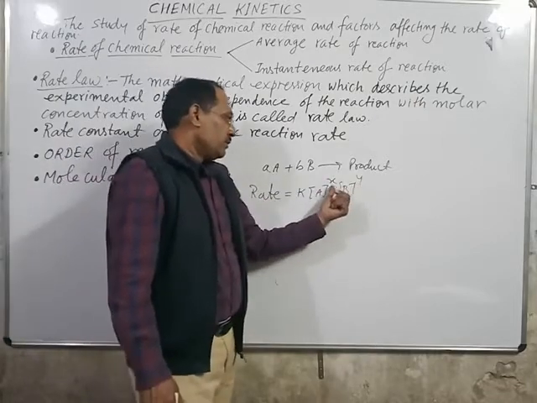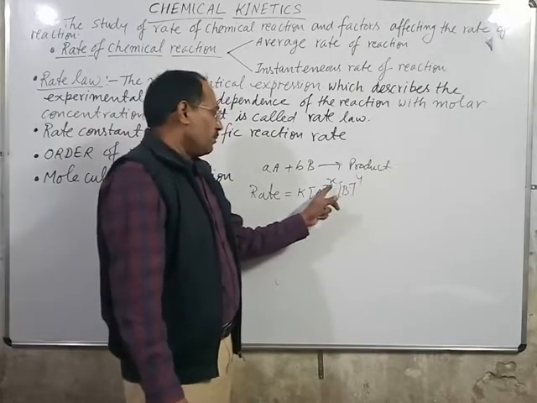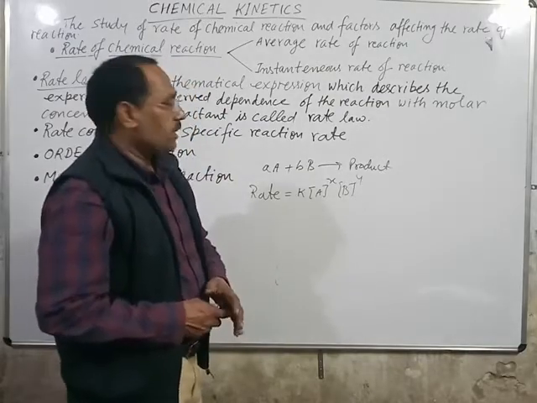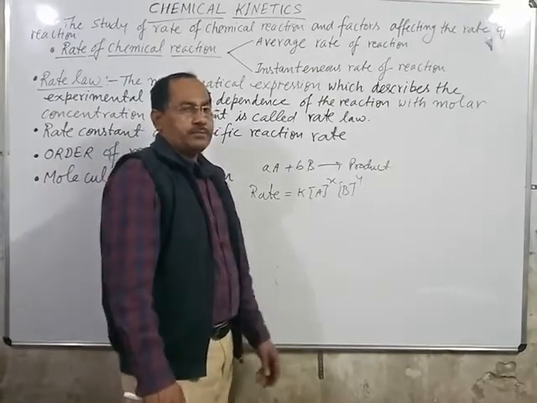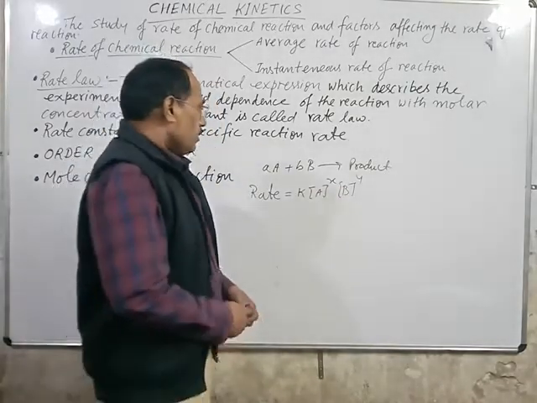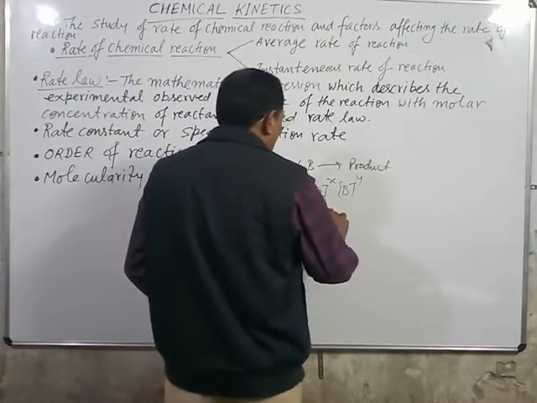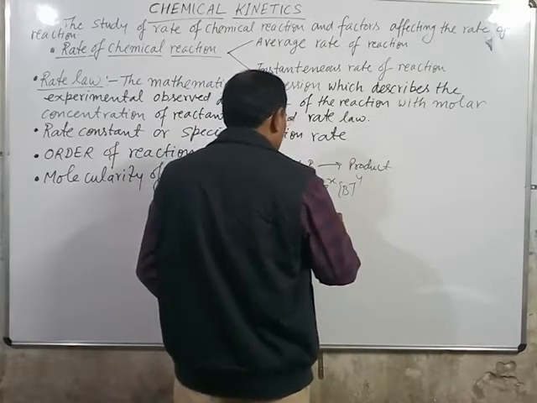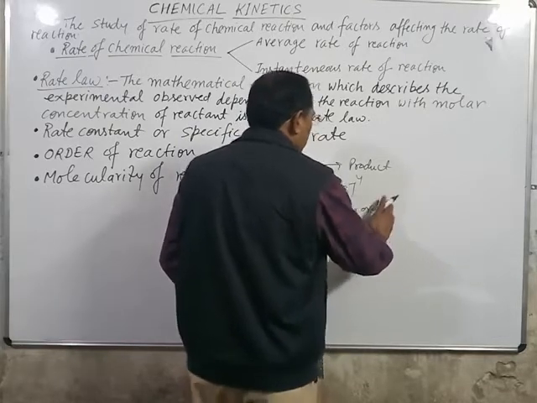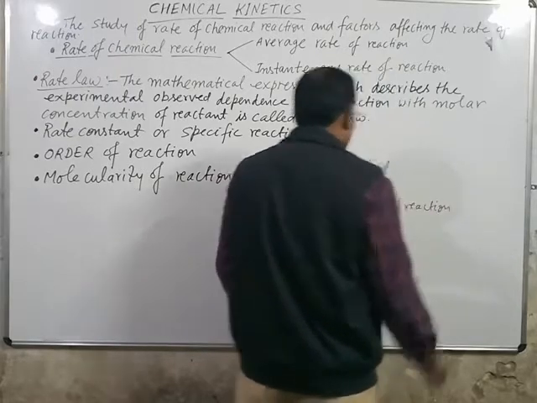This is the rate law, and in the rate law, x is the order of reaction with respect to A, and y is the order of reaction with respect to B. Means x plus y is the overall order of reaction.